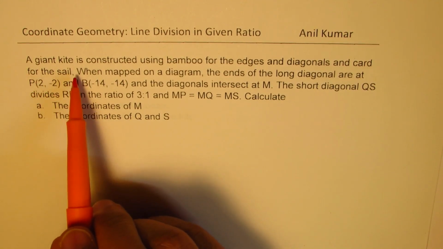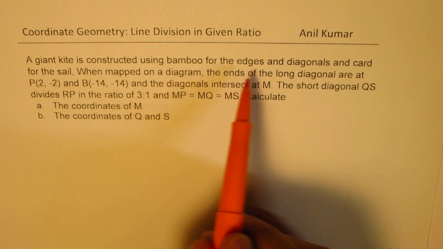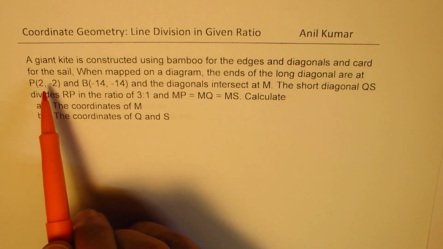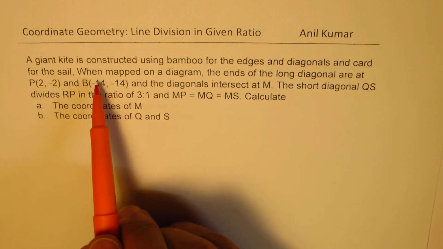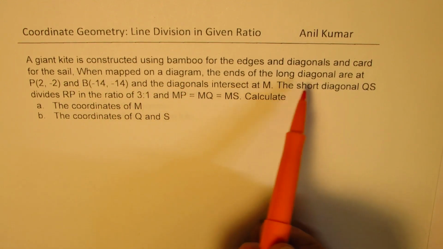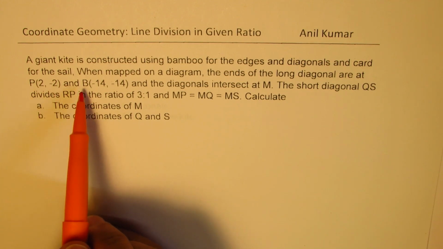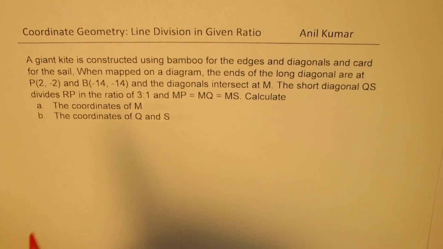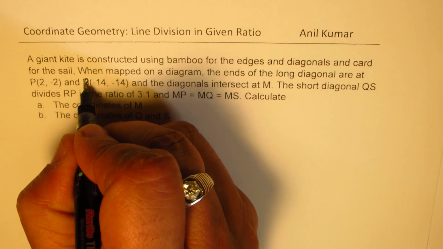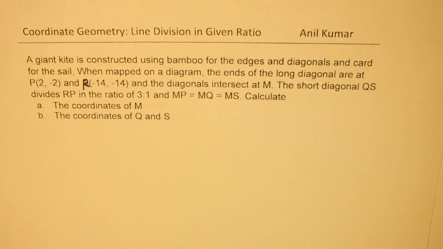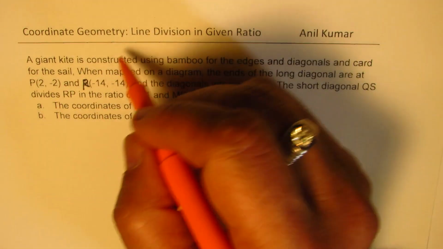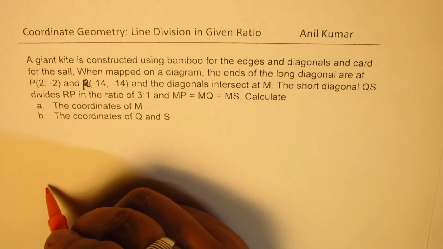The giant kite is constructed using bamboo for the edges and diagonals and the card for sail. When mapped on a diagram, the ends of the long diagonal are P is (2, -2) and R is (-14, -14). It is not B, it is R. Okay, so let me sketch this diagonal PR.